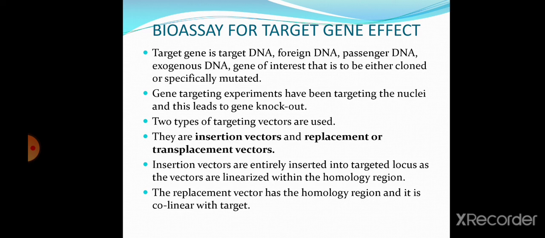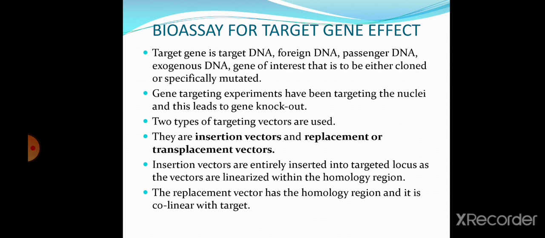Insertion vectors are initially circular. When a circular vector is sent inside, it becomes linearized within the homology region, and it leads to duplication of the sequence adjacent to the selectable markers.